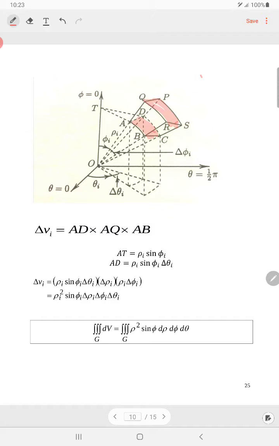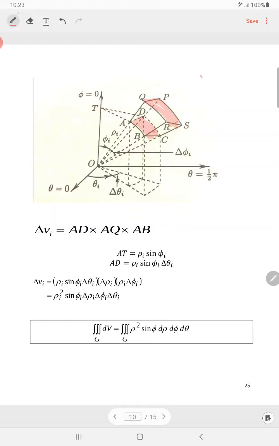So we have two spheres here. ABCD is on the smaller sphere, and the surface PQRS is part of the surface on a larger sphere. And then we also have two vertical planes. Remember, a vertical plane is really theta equals a constant.